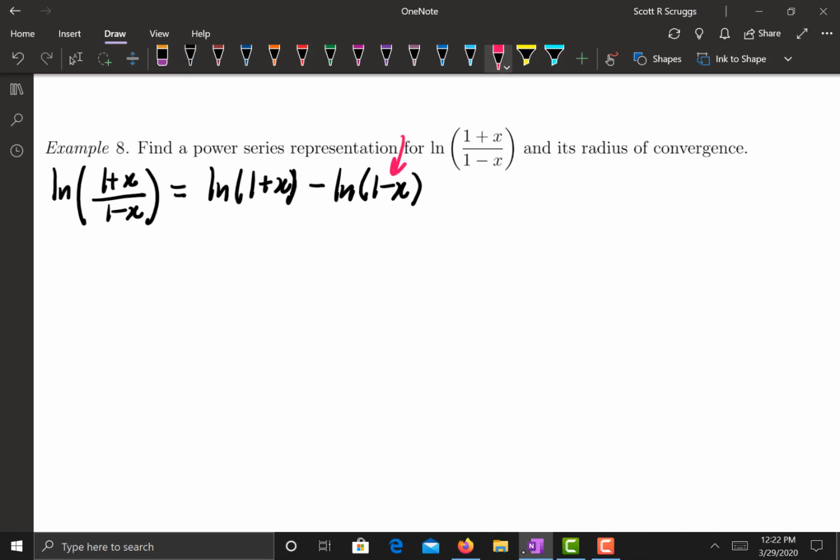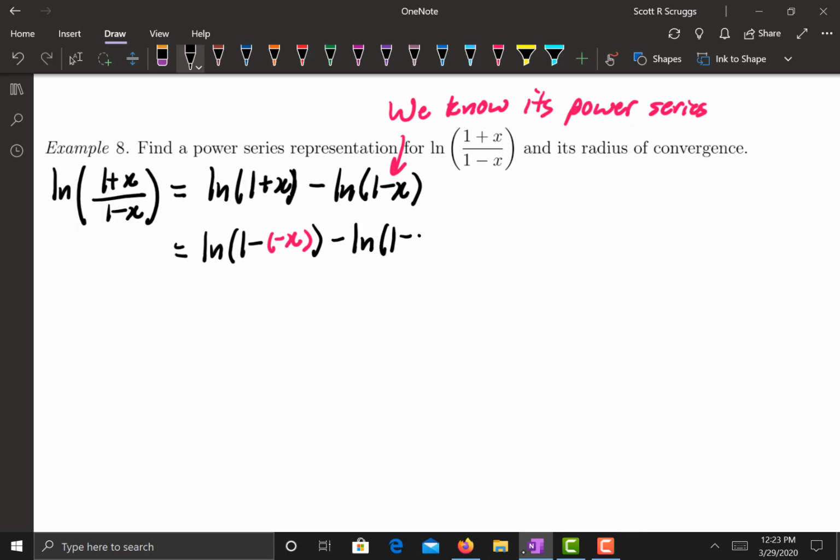So, we already know its power series. We know that because we did that in part B of example 7. We don't know the first one yet, but just like we did when we were combining power series, this is just my power series that I know minus that.